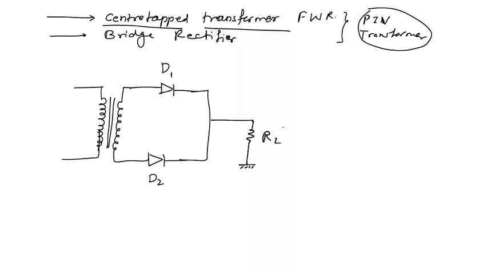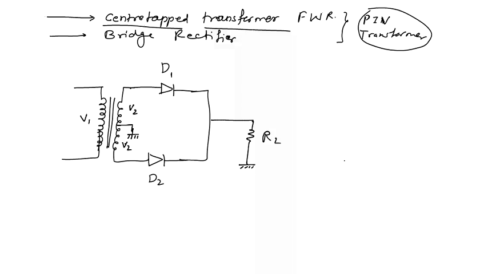This is the load resistance RL. And the secondary of the transformer will be tapped, grounded from the center, so it will be divided into two parts. One is this and one is this. This is the input voltage V1 and this is the output voltage V2.